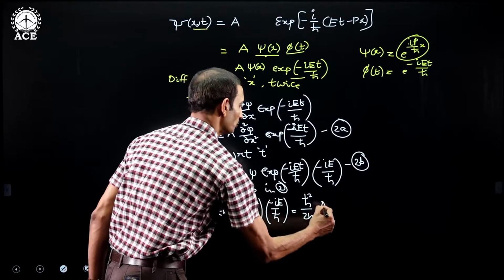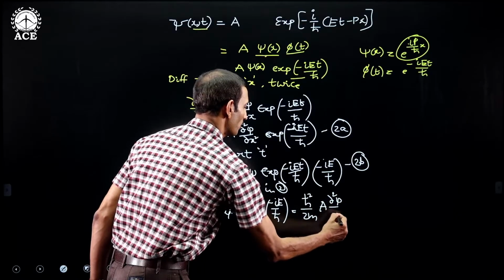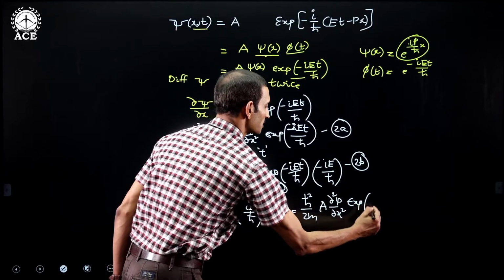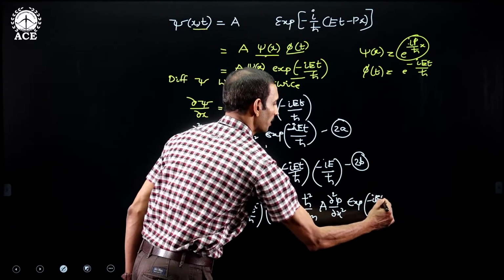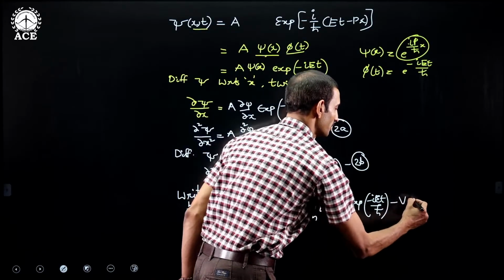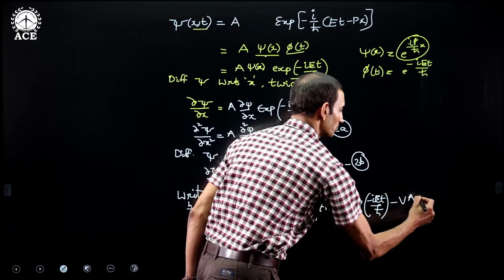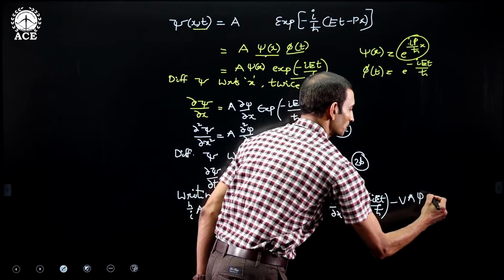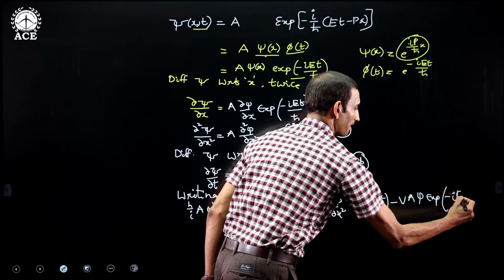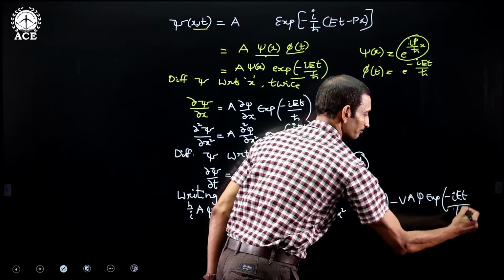That is A into dou square psi by dou x square into exponential of minus iEt by h cross, minus V psi. V into psi is nothing but A into psi of x into exponential of minus iEt by h cross.